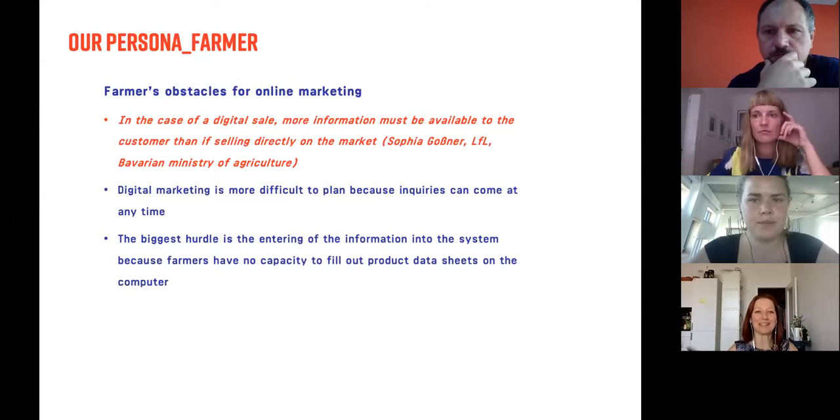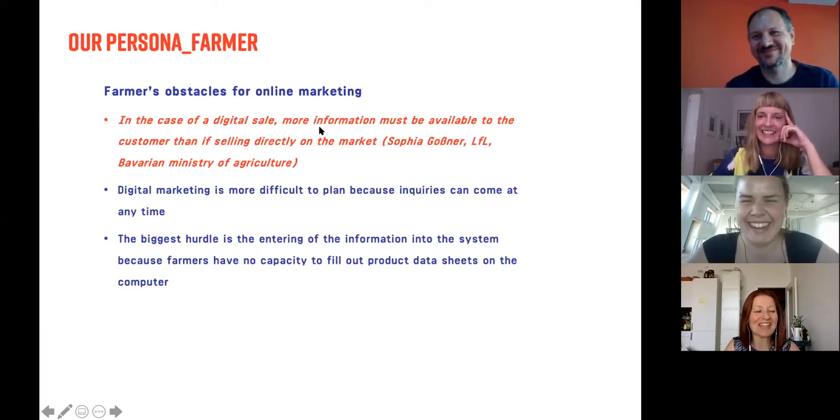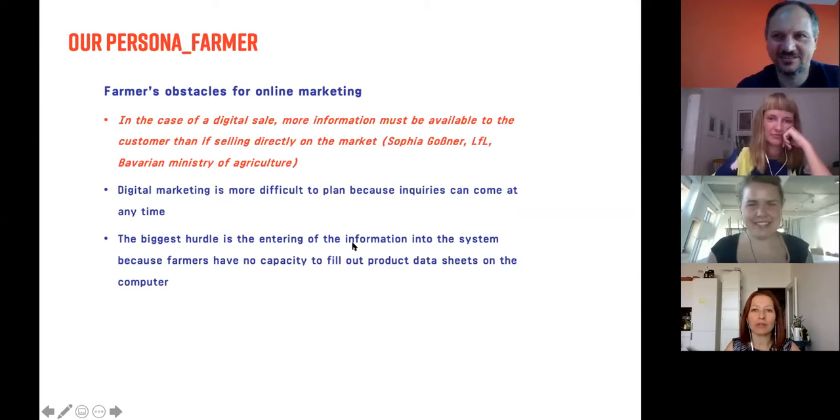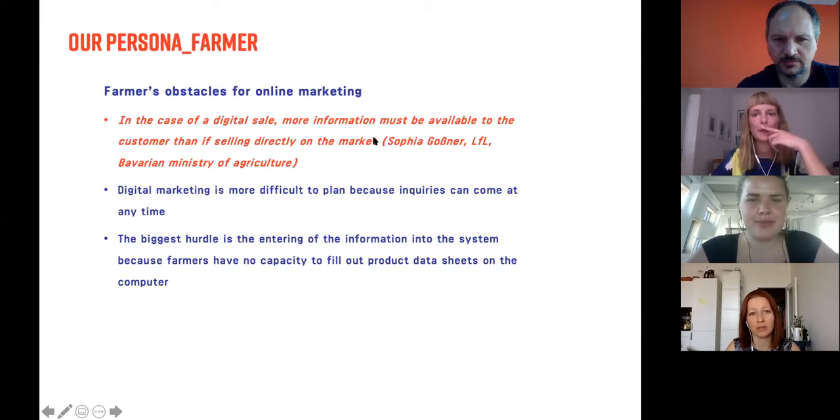And if I may also add something to it. I think part of the obstacle is also the amount of data that the farmer has to put into the system. From the administrative point of view, there is a lot of data to put in to give all the necessary explanations for all the products, which in many cases is an obstacle. In terms of certifications or labels?